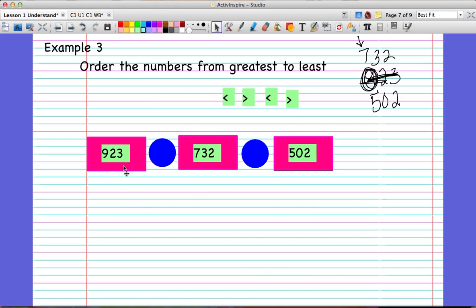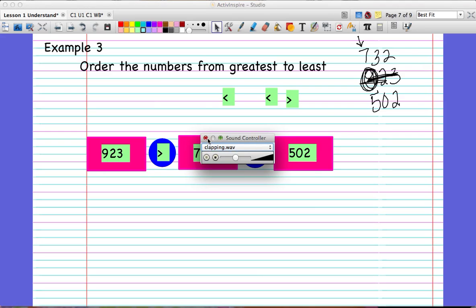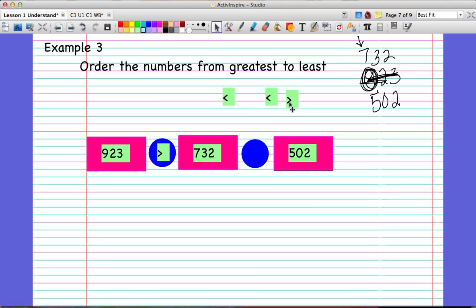Now for our sentence to make sense, because this is a sentence but written in numbers and mathematical symbols, I'm trying to say that 923 is greater than, so I need to use the greater than symbol. So 923 is greater than 732, which is greater than 502.